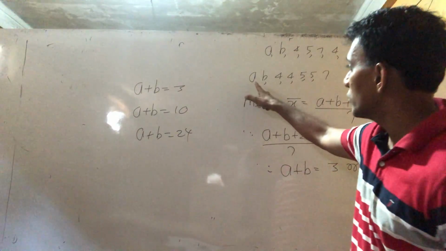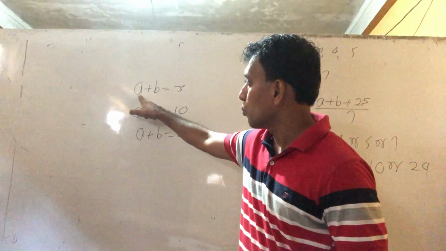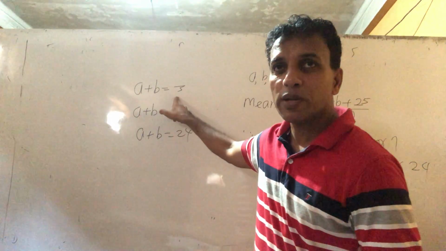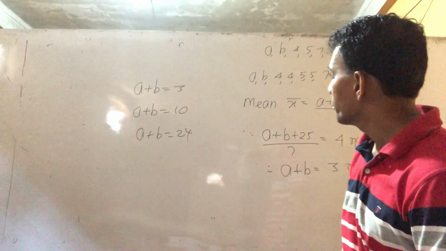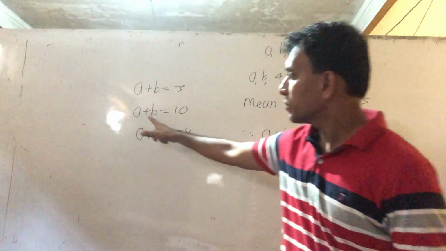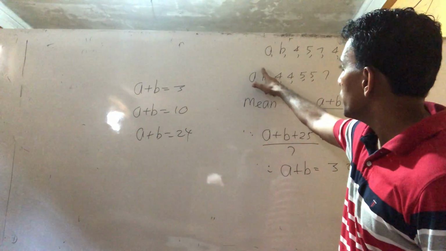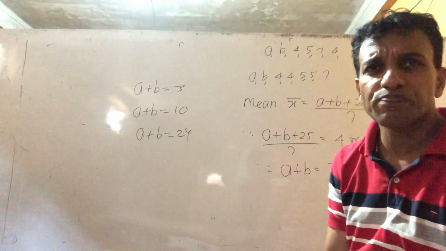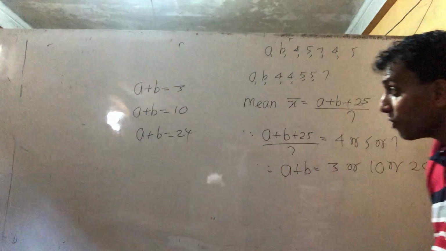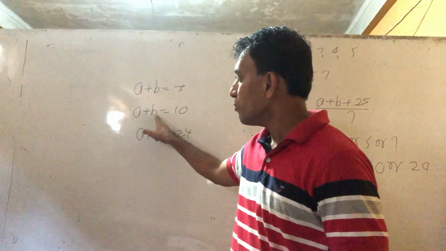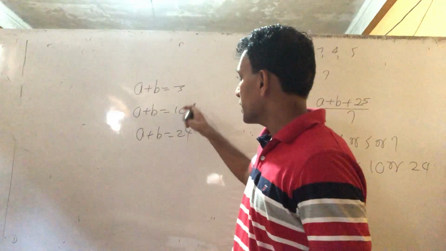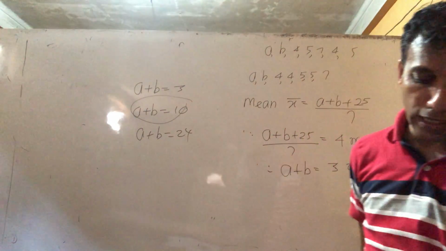If A is 4, then 4 plus B cannot be 3, wrong. You can't take A as 4. If A is 7, then B is 3, and there's no chance for a mode. Therefore, is it A 5, B 5, 10? Is it satisfied? Check that.